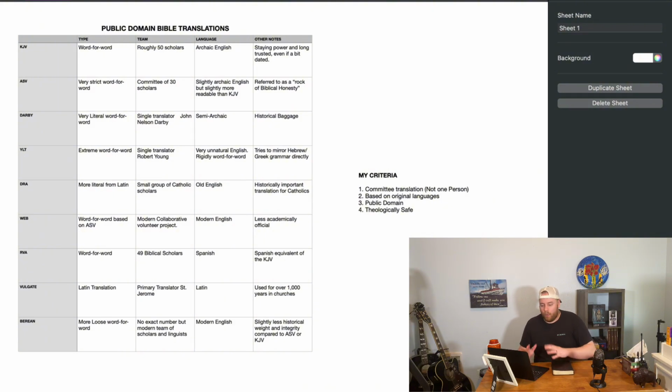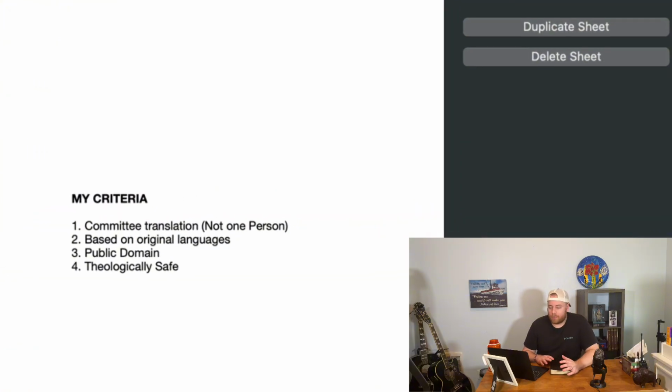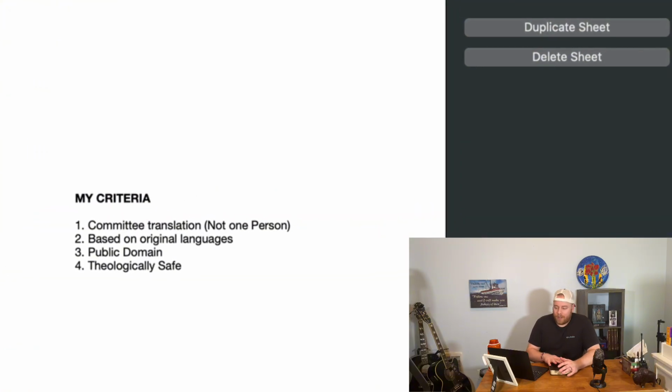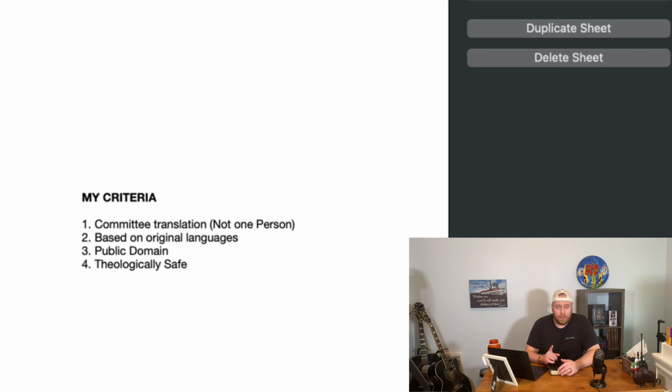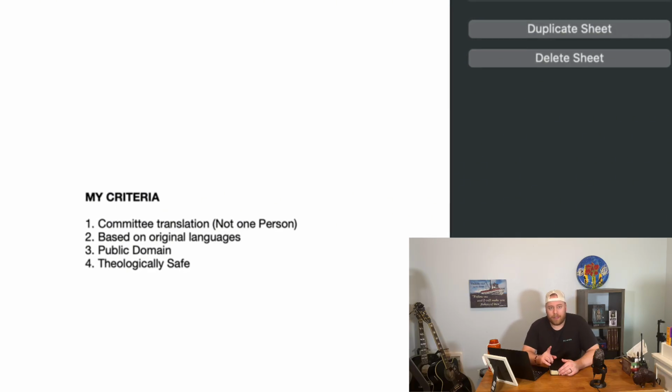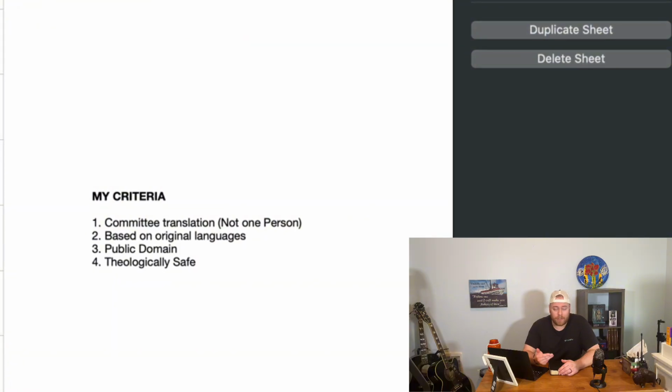And what I have done here, well, first, let me back up. Let me start by explaining my criteria for choosing my Bible. So my criteria for these public domain Bibles was I wanted the translation to be done by a committee and not by a single person. Because if it is one person translating it, there is a much higher risk for bias to come through the translation.